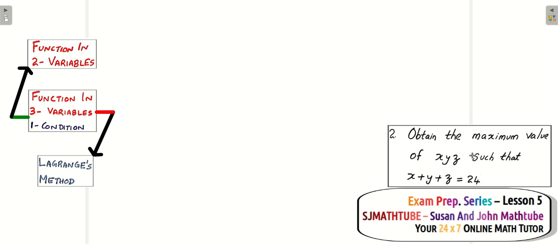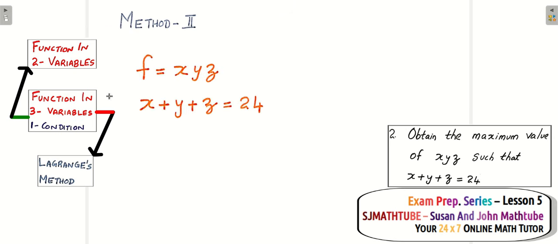And once more, I'll remind you, if you want, you can reduce this function in 3 variables plus 1 condition into function in 2 variables. And you can use the procedure which we learned in lesson number 4. And that's method 2. So we have the function and the condition.